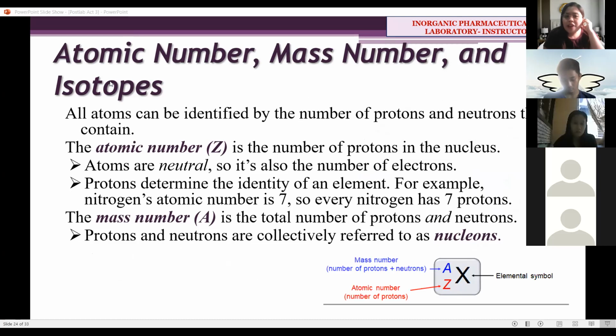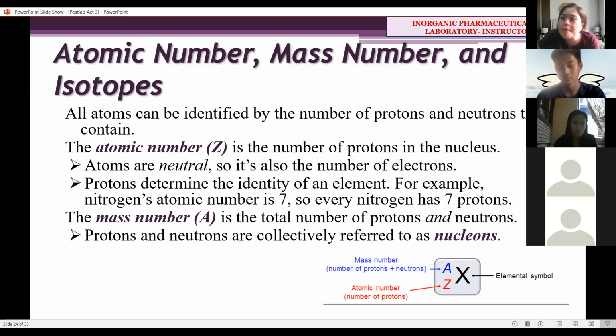Let's just review. The symbol for atomic number is Z. This is how we always write it, class: we have the element X, with the mass number on top. The symbol for mass number is A. Then at the bottom is the atomic number, with the symbol Z. So do not forget, the atomic number represents the number of protons.